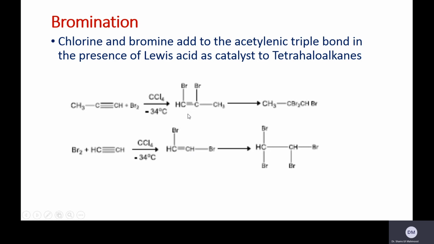Again in the next step, addition of another Br2 molecule, and this double bond moves to the single bond. Because these bromines are symmetrical, there is no problem of Markovnikov's rule, and we get the tetrabromoethane. So this is the bromination, as well as the chlorination.